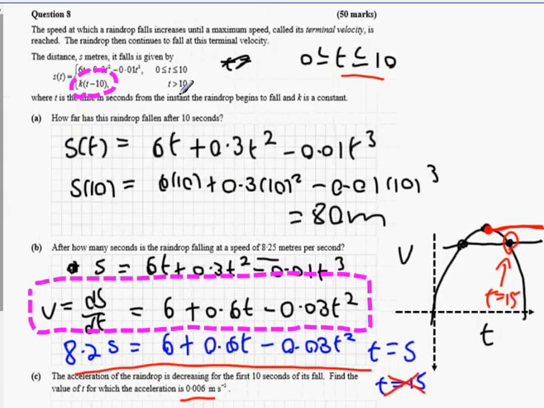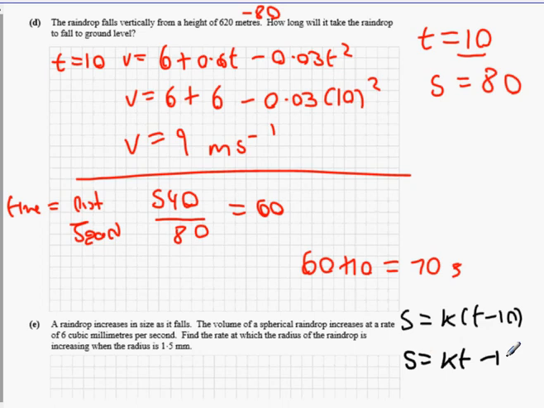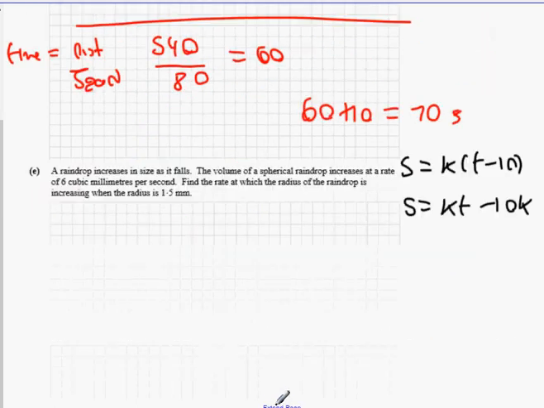So guys, some people were questioning where did the terminal velocity come from, and why isn't the terminal velocity affected by this equation here, k times t minus 10, yeah? Now the reason for that is the distance formula is, what did we say, s equals k(t minus 10), s equals kt minus 10k. Now, velocity is the first derivative, right?